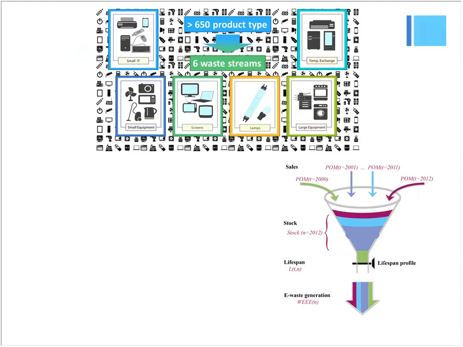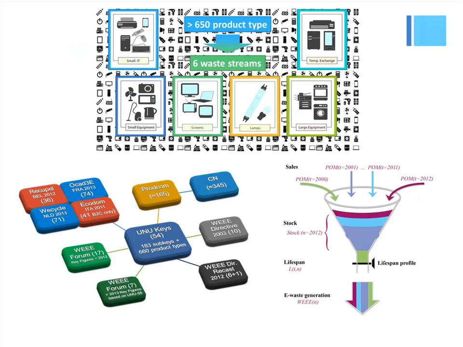So for making a good measurement framework, we developed something which is called the UNU keys. We clustered all the different types of e-waste in 54 categories, which have very similar average weights, are applied in a similar way, and have similar technical characteristics as well. And this is needed for modeling and quantification purposes to align the different data sources that may be out there.